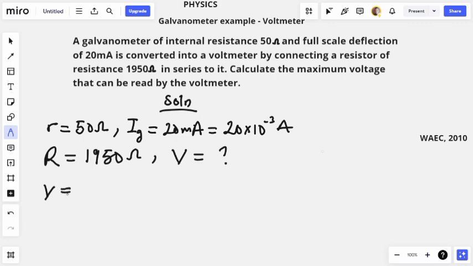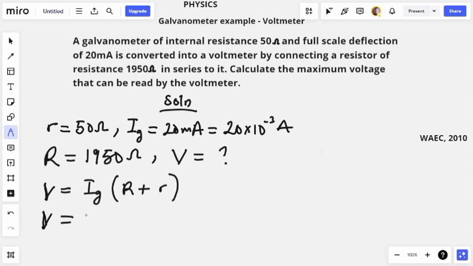V, the voltmeter reading, is equal to the galvanometer current times R plus small letter r, that's the external resistor plus the internal resistance. Since V is what we are looking for, there is no need to change the subject of the formula because V here is already the subject. So all we have to do is substitute our parameters.